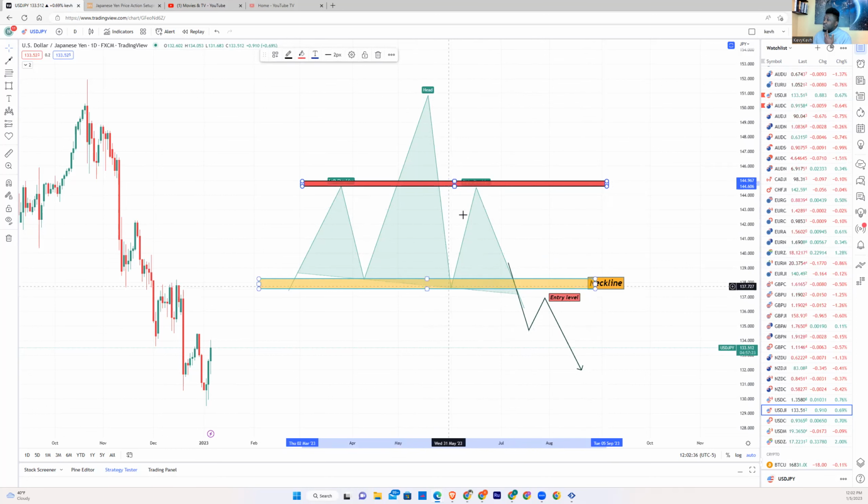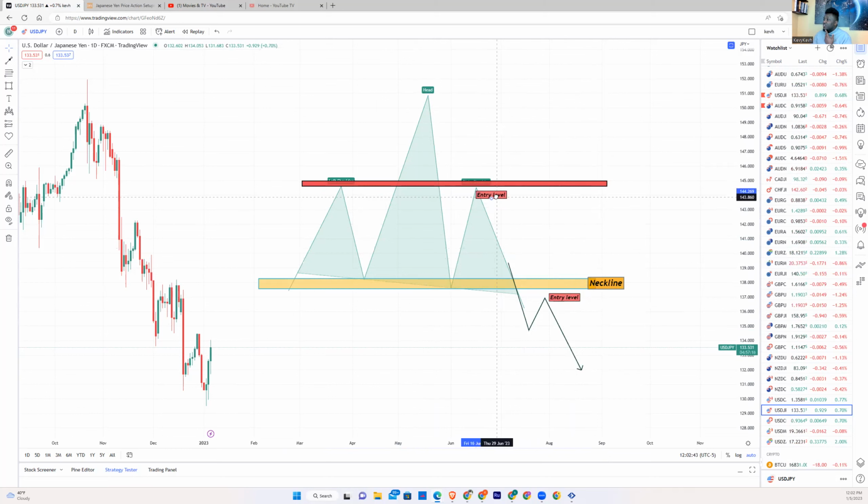So when the market comes back up here, this could also be an entry for a sell position, as long as you're able to identify that the market came here and gave you some kind of reversal pattern. You could enter the market there.